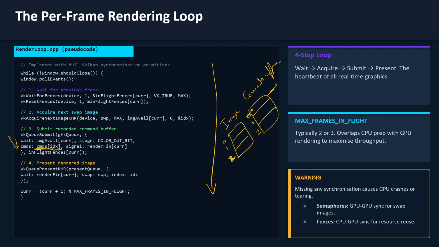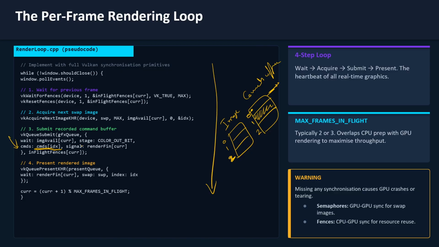And I don't want it to override them. So once I have given this, I wanted to work on a new set of command buffers. That is what exactly it means by cmd in brackets index. So I have a particular index on which I'm working.